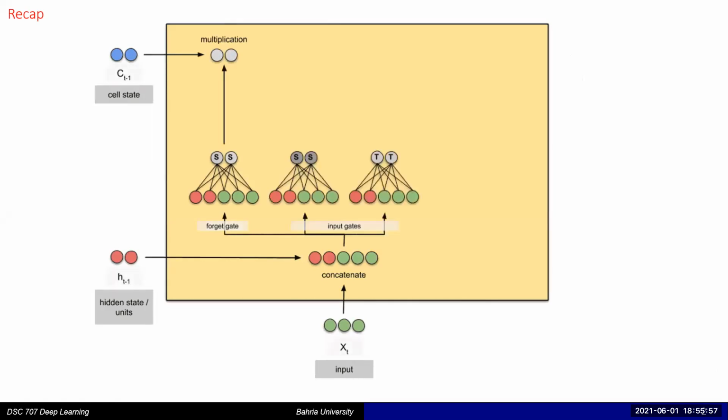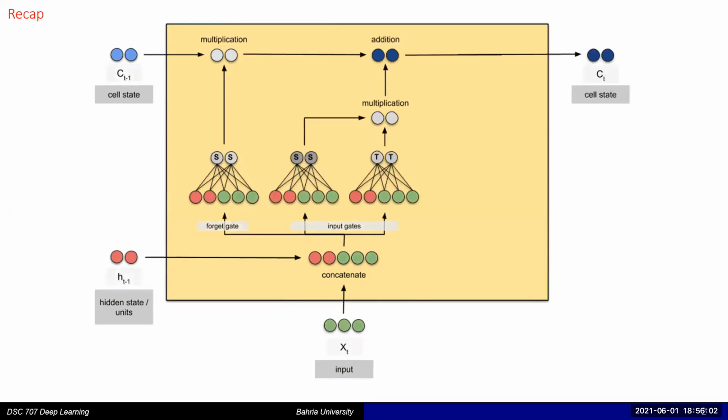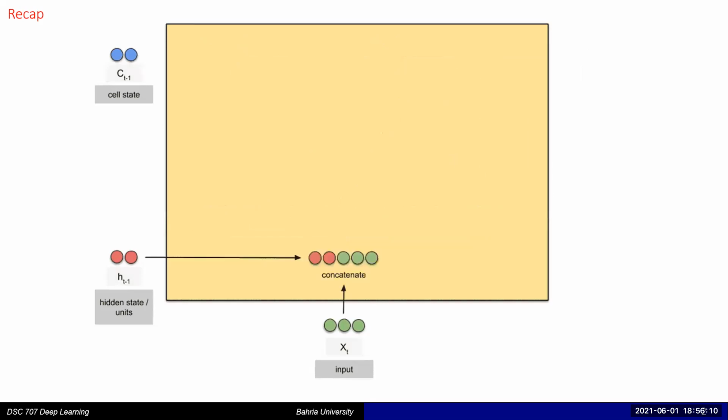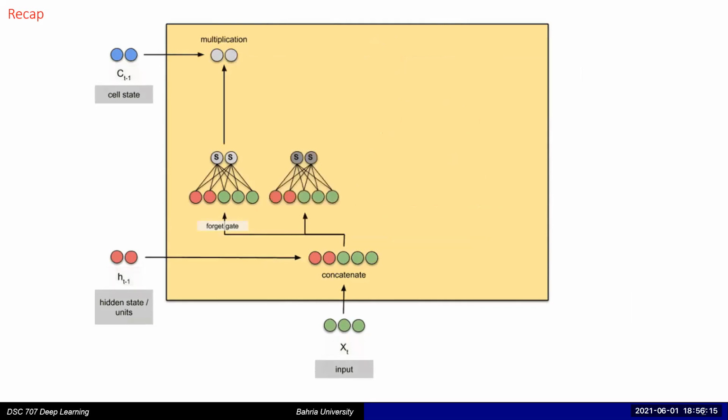We'll start with some examples from textual data, and later on, we'll look at whether we can apply LSTM to an image as well. So this first slide is just a recap of what we discussed a little while back.